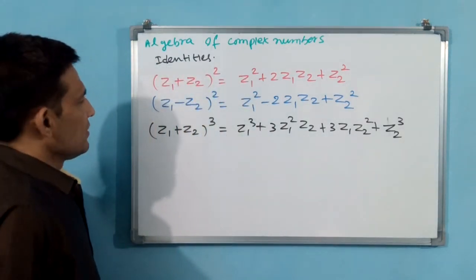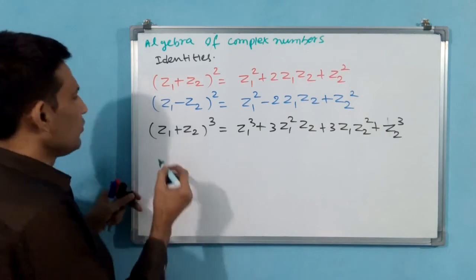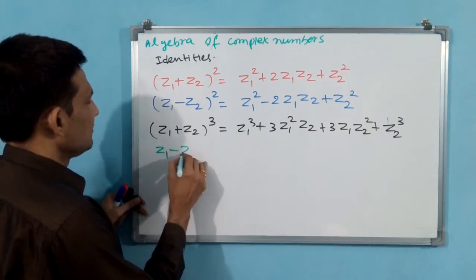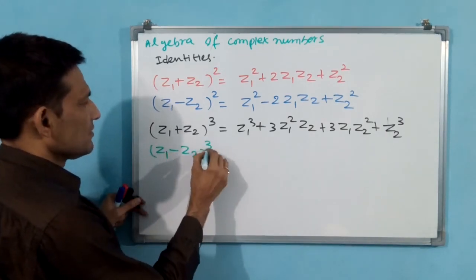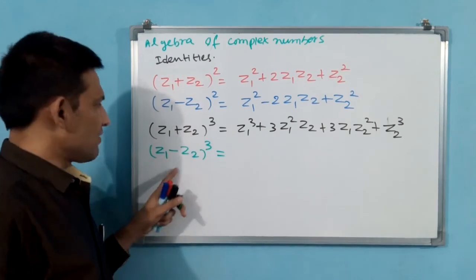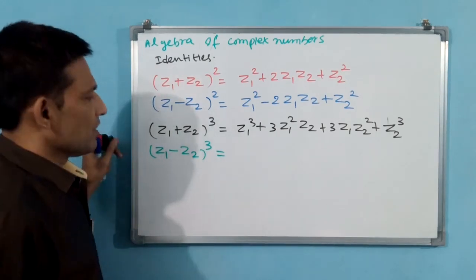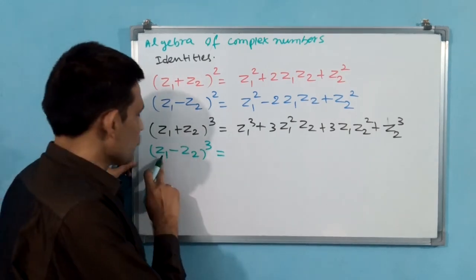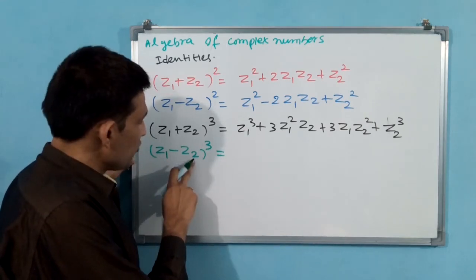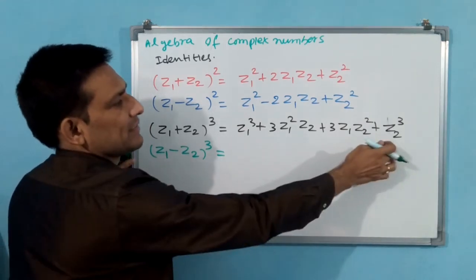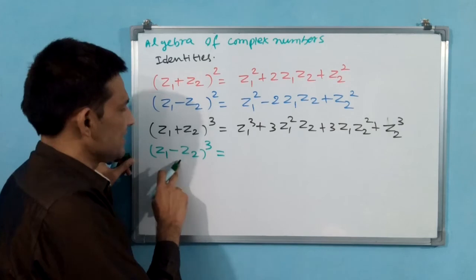Now write Z1 minus Z2 whole cube. A cube is okay, but B cube has to come with minus, because minus is there.